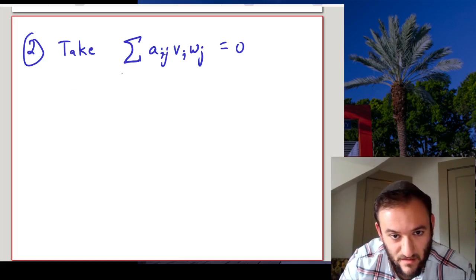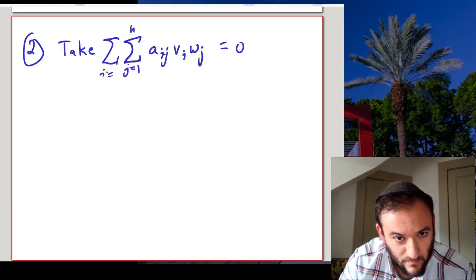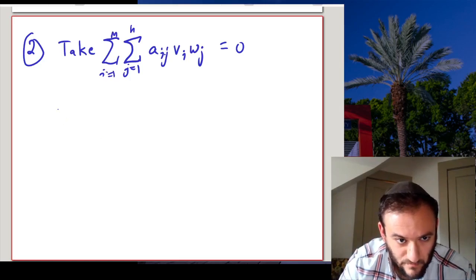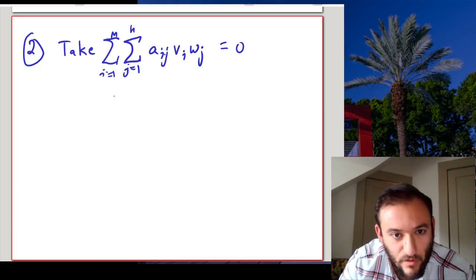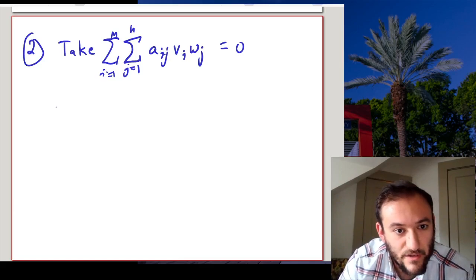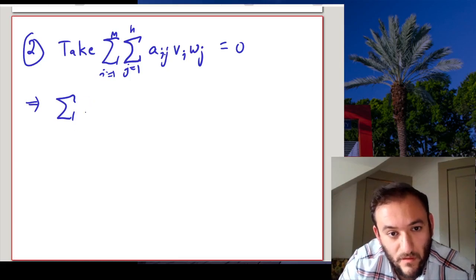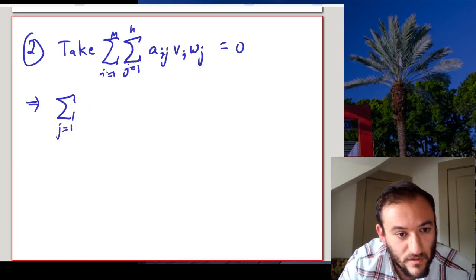So this is really a double sum. We can group together all of the coefficients of each Wj, let's say. So we're going to get the sum over j equals 1 to n of the sum of aij Vi from i equals 1 to m, times Wj.